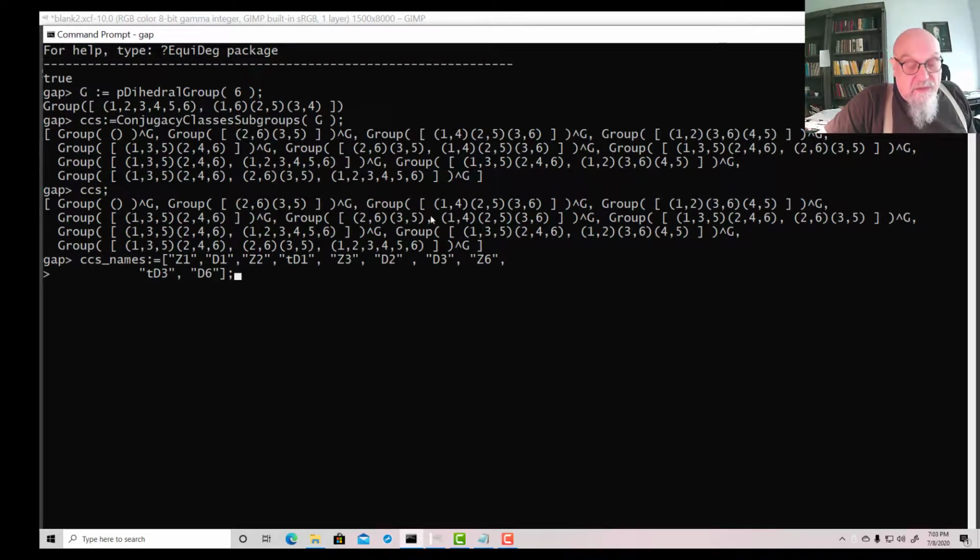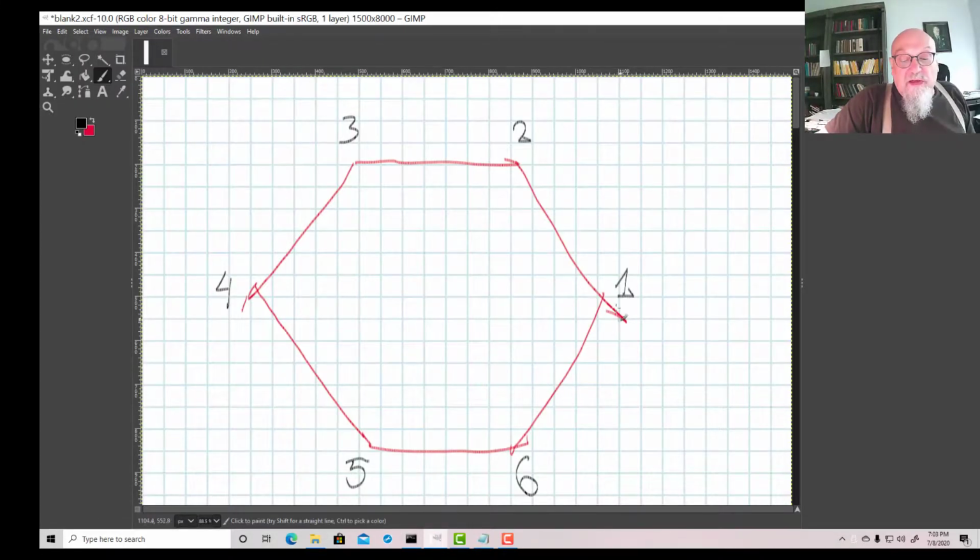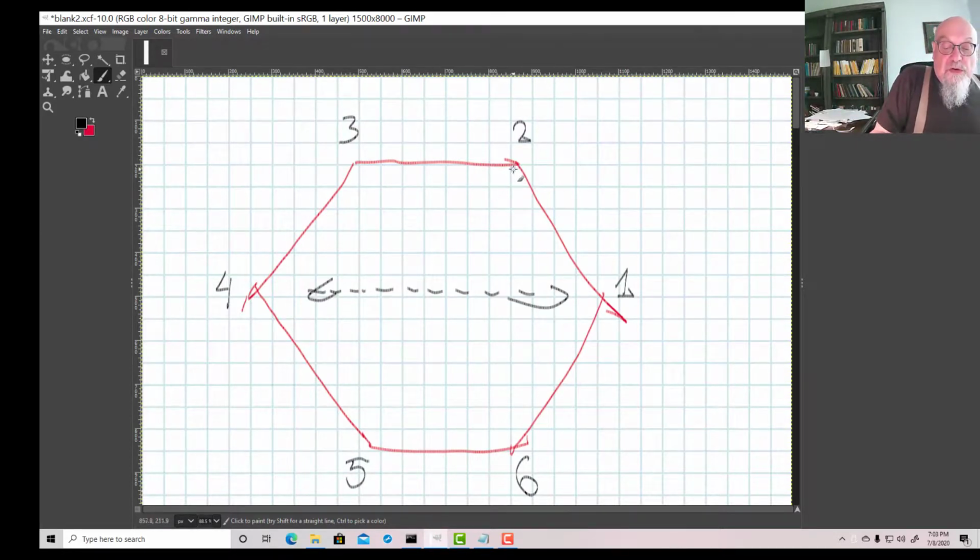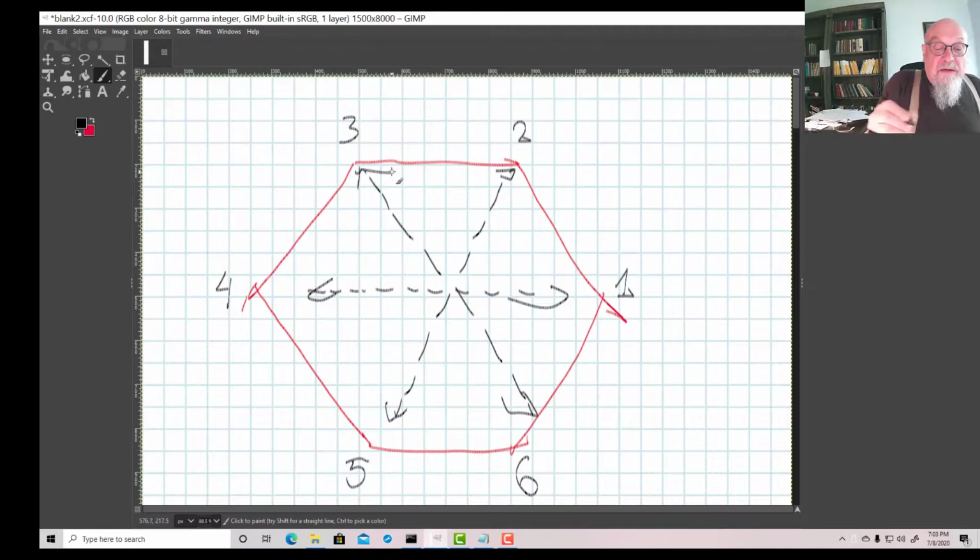So you see 1 goes to 4. 2 goes to 5. So that one is a minus identity. Minus identity, actually, it is indeed the generator of the Z2 group, cyclic group of Z2.